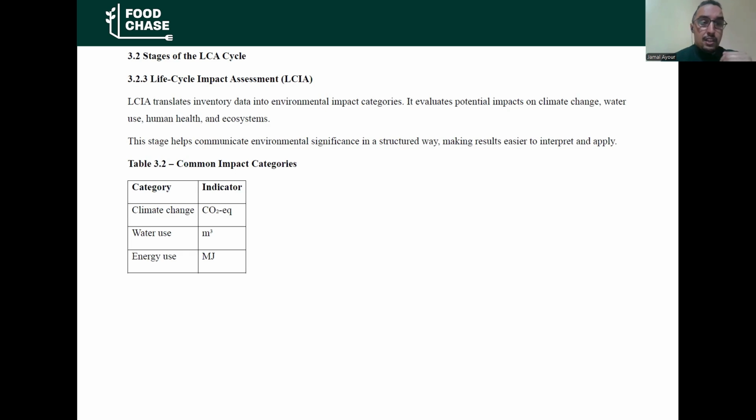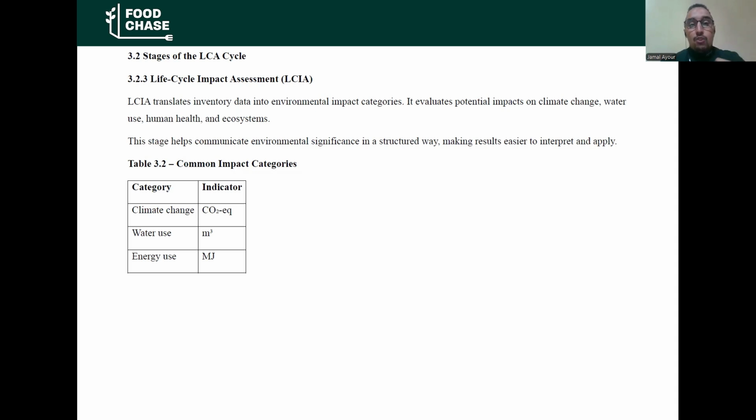And stage number 3 of the LCA is the impact assessment. LCA translates the inventory data of stage number 2 into environmental impact categories. It evaluates potential impacts in different steps, such as impact on climate change, water use, human health, and ecosystems.